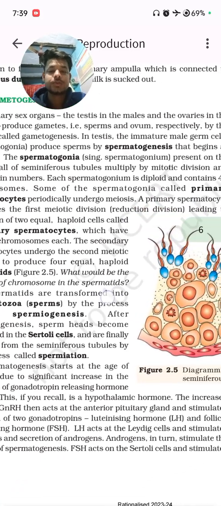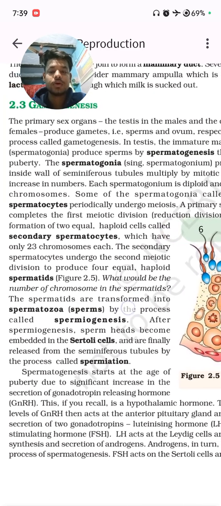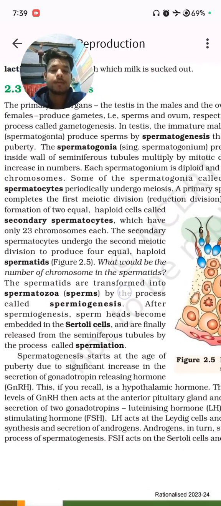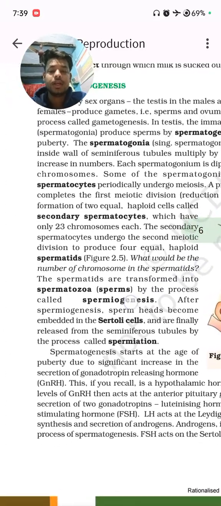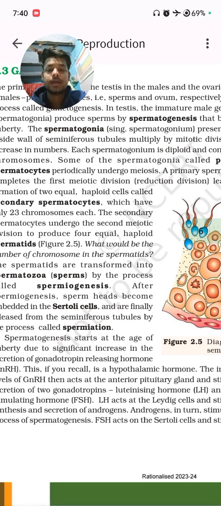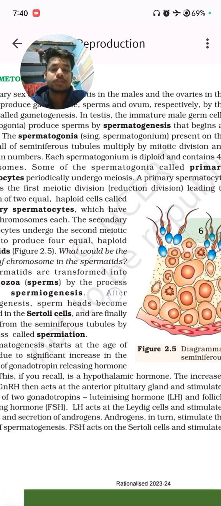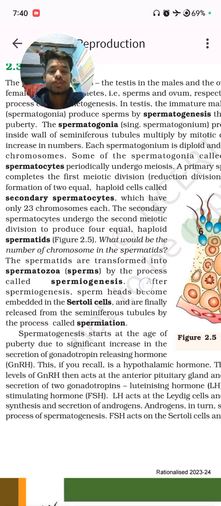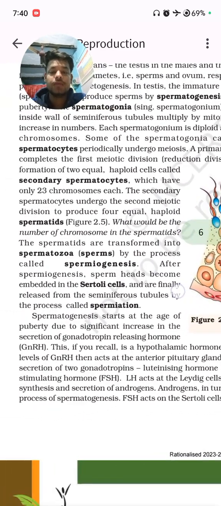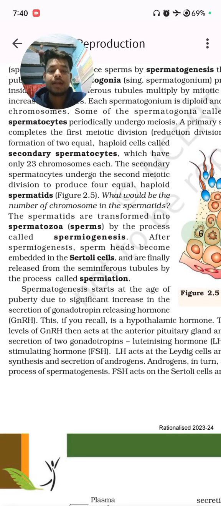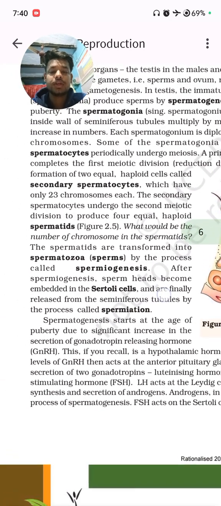Each spermatogonium is diploid and contains 46 chromosomes. Some of the spermatogonia called primary spermatocytes periodically undergo meiosis. A primary spermatocyte completes the first meiotic division, the reductional division, leading to formation of two equal haploid cells called secondary spermatocytes, which have only 23 chromosomes each.